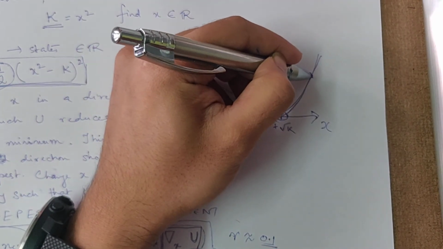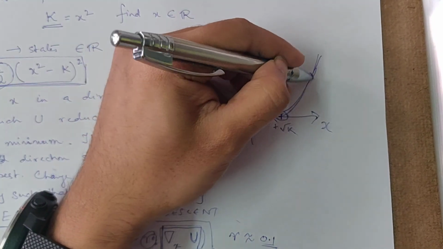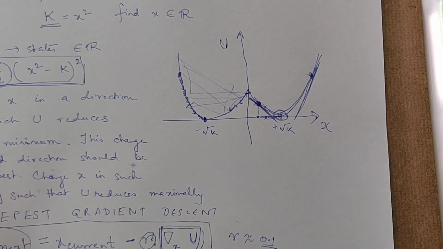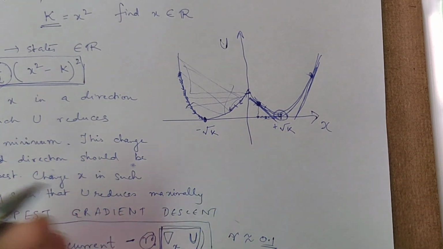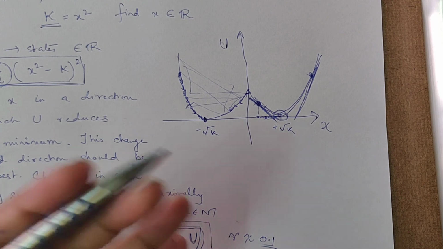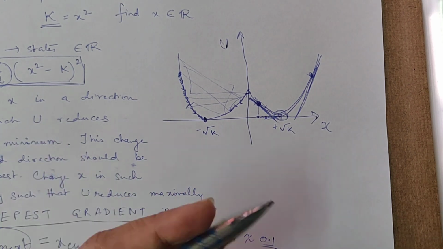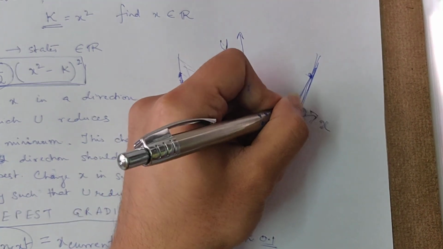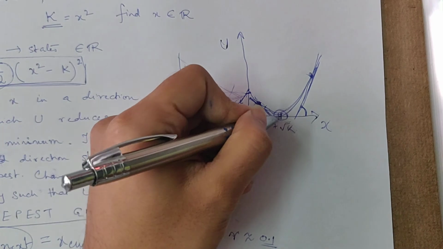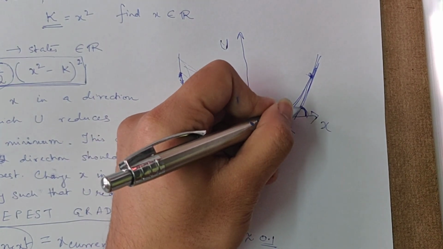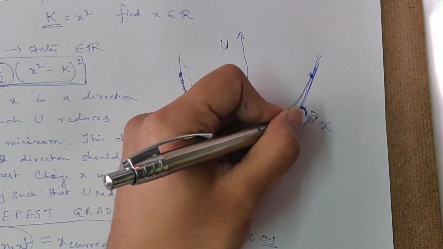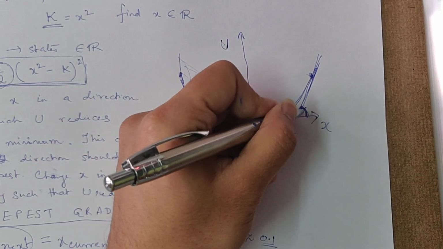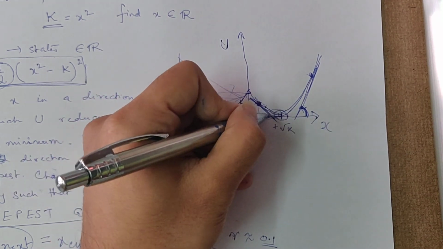Again, for example, this is my current state. My gradient, which means the slope here, as you can see, is positive. How is slope measured? In terms of the anti-clockwise angle from the x-axis. If this is the theta, you take tan theta.